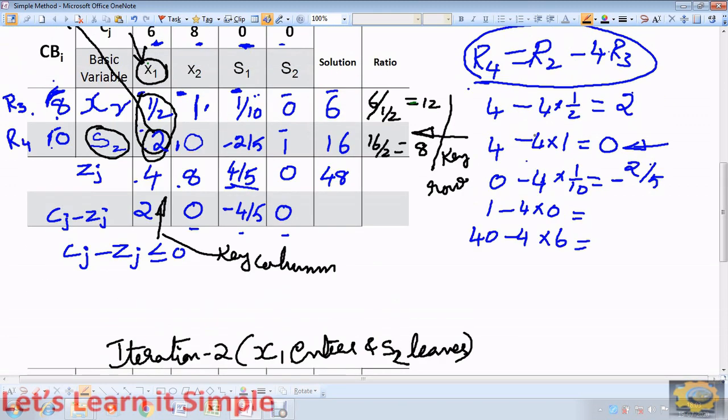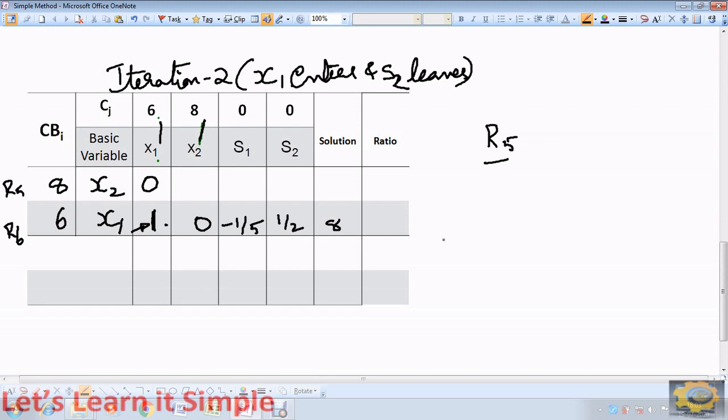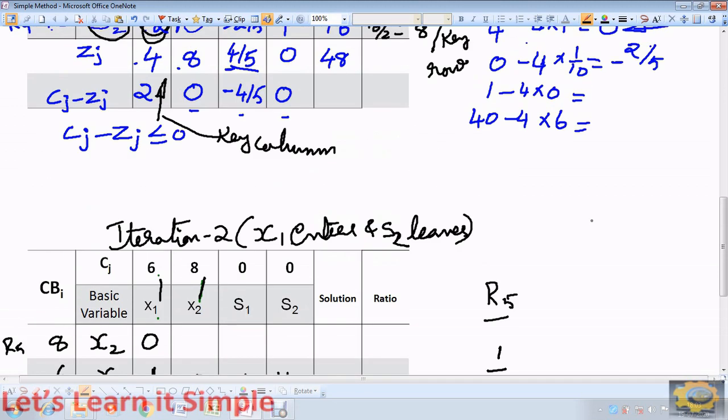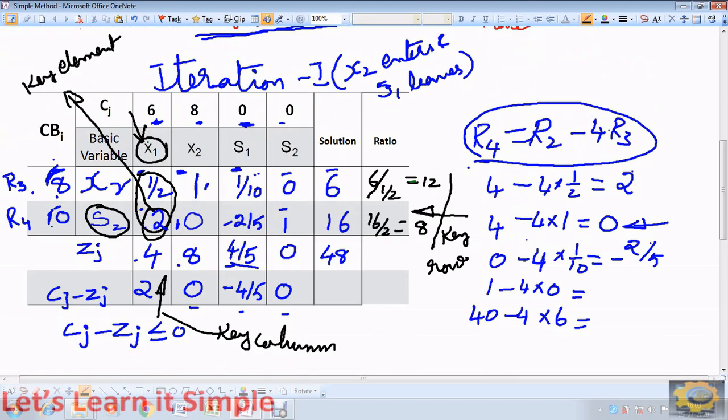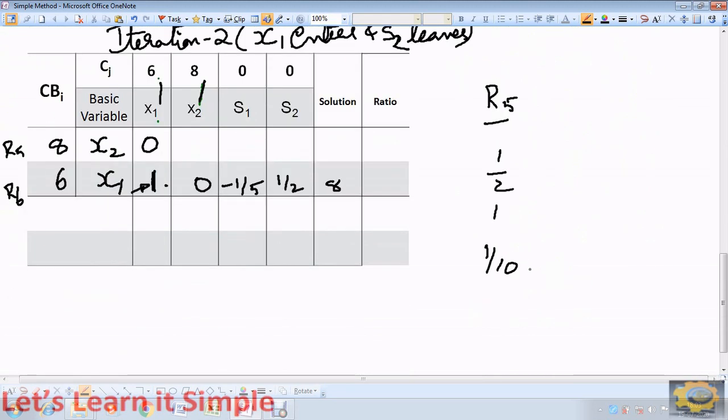Initially we have values as R3: 1 by 2, 1, 1 by 10, 0 and 6.